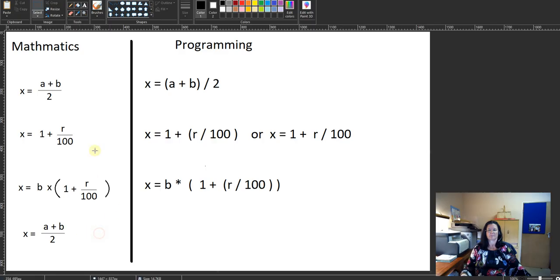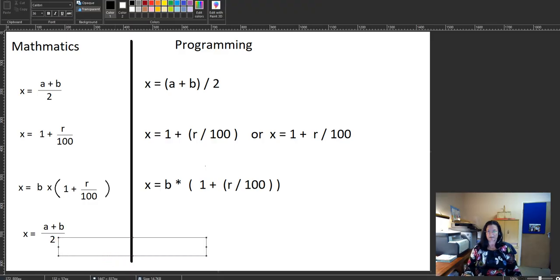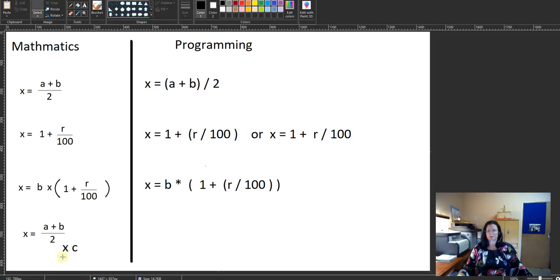Let's just go for 2 times, let's go for C. Remember, in mathematics, the multiplication sign is very often represented as an X. So let's just rewrite that, it's much better.